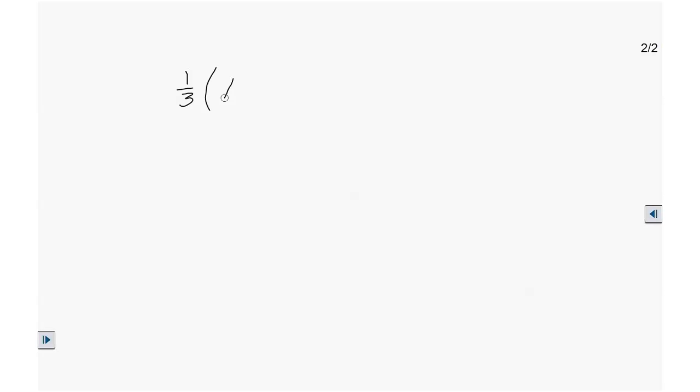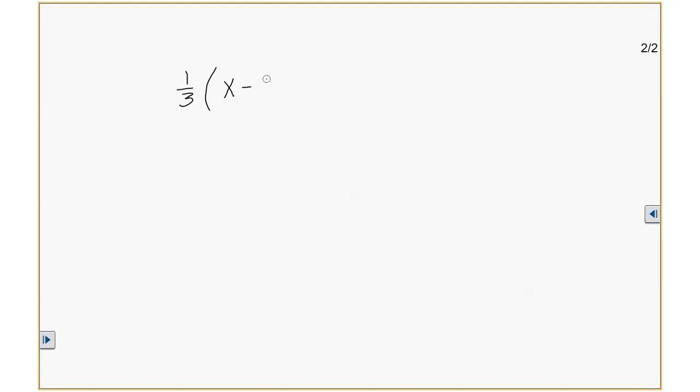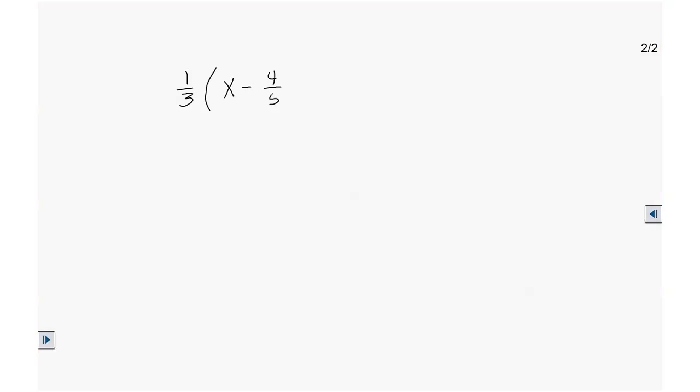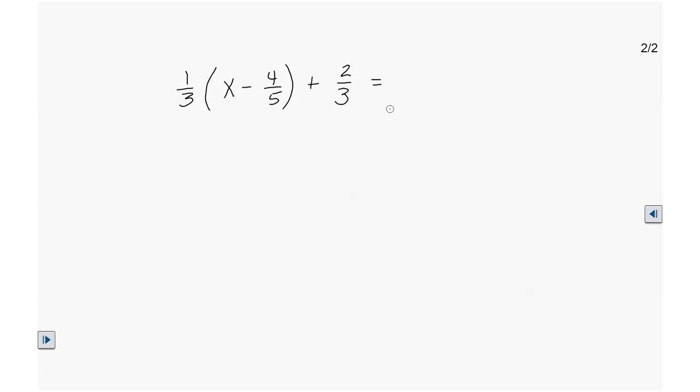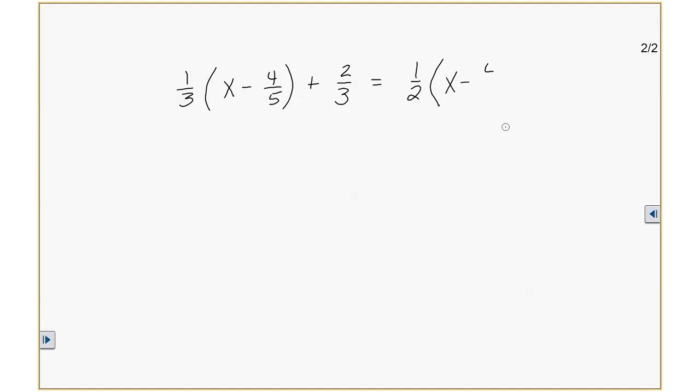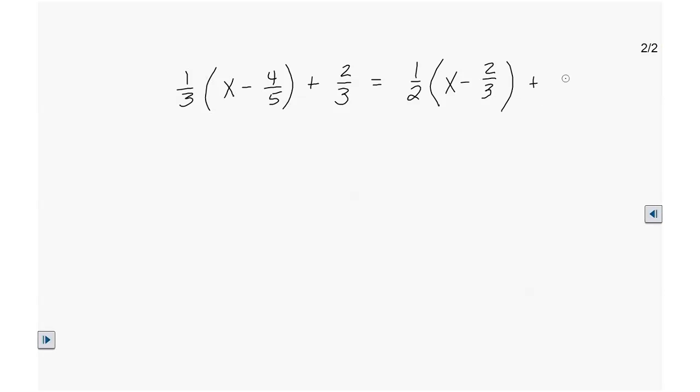One third x minus 4/5 plus 2/3 equals 1/2 times x minus 2/3 plus 5/6.